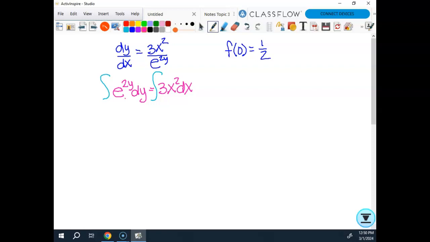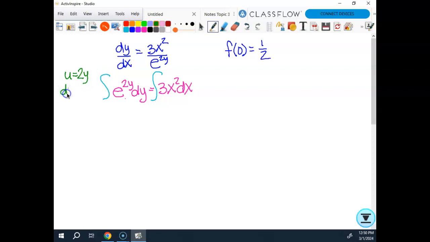Okay, but you have to have a process that's going to work with everything even when it's not e. What is that process called? What did we do? U substitution. So on the left-hand side here, what would u equal? 2y.